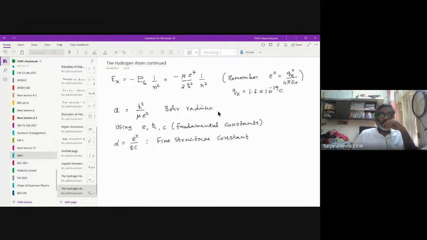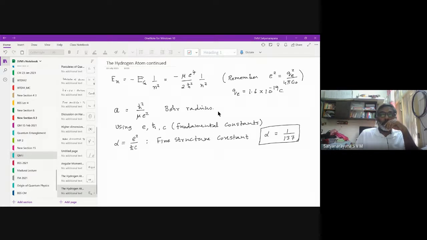The value of this alpha is equal to 1 by 137. So this number is probably the much worshipped number in quantum mechanics.